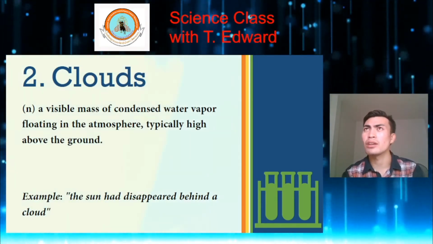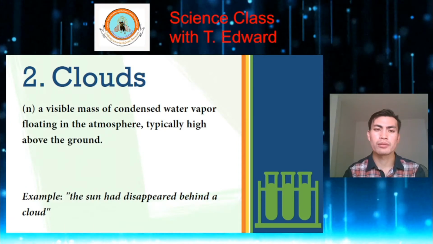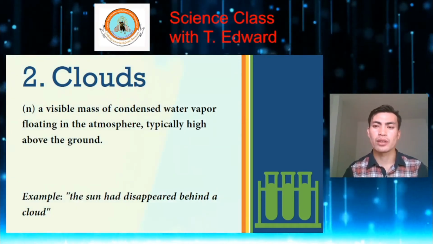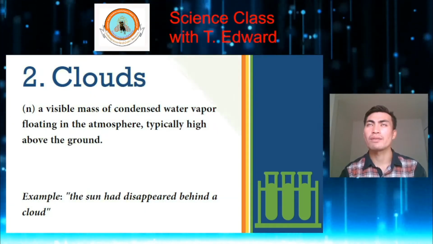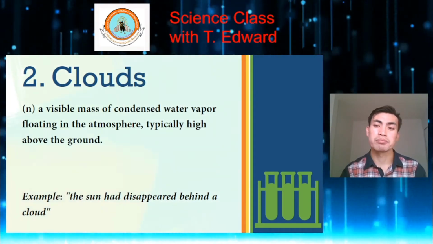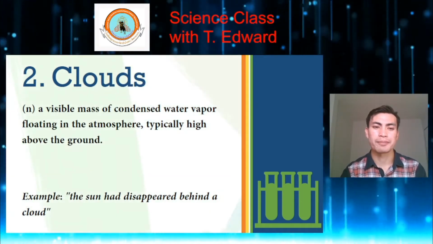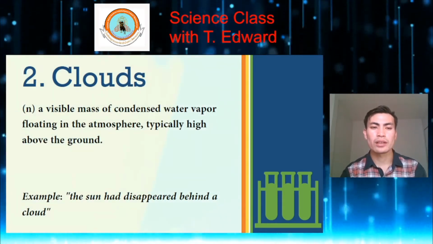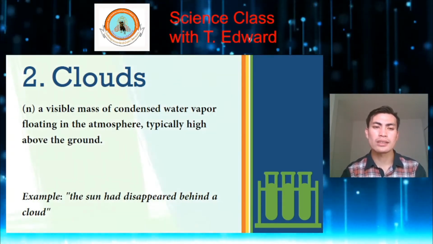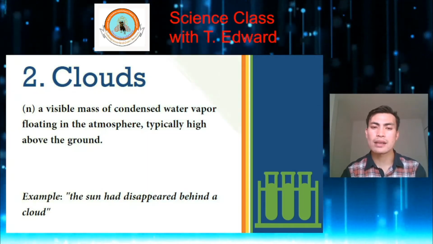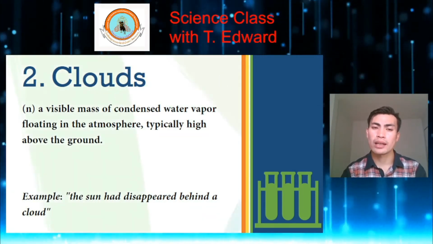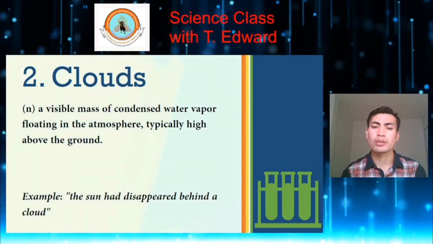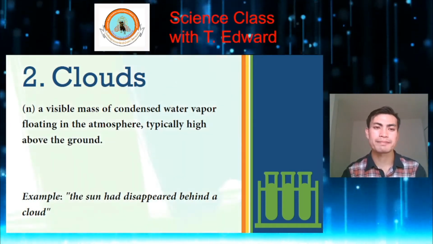And we can see if it's about to rain because of the clouds. If the clouds are very dark and look heavy, sure, the rain will come. We can use the word clouds in a sentence like, the sun has disappeared behind a cloud. So sometimes we cannot see the sun in the sky because it is behind a cloud.